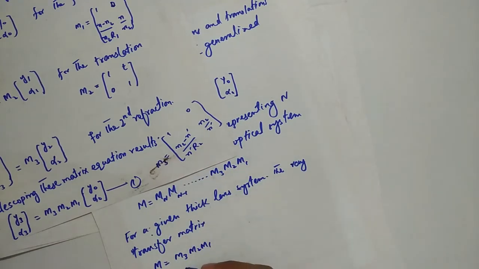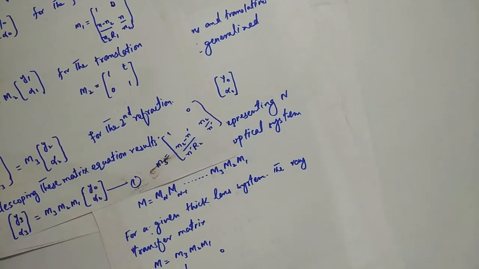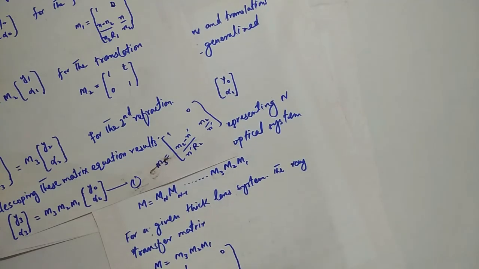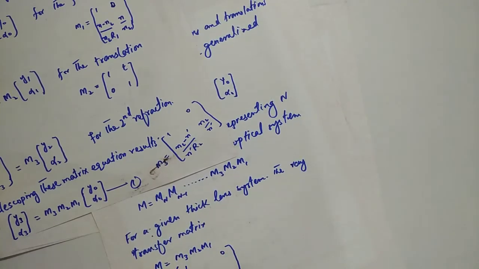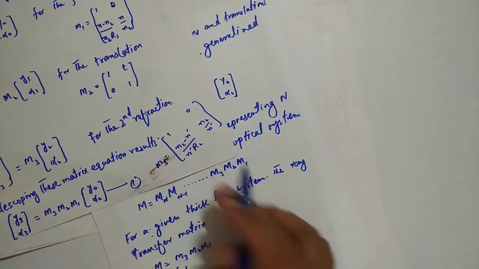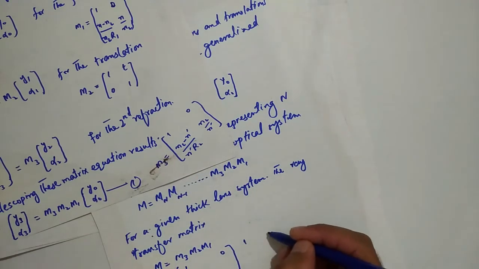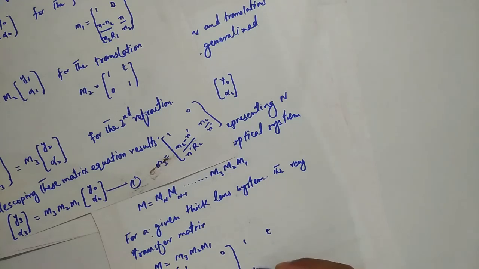M3 is 1 0, (nL minus n prime) upon (n prime times R2), nL upon n prime, then multiply it with M2. This is M3. Now M2 is 1 T 0 1.